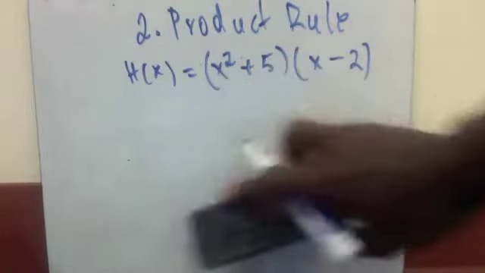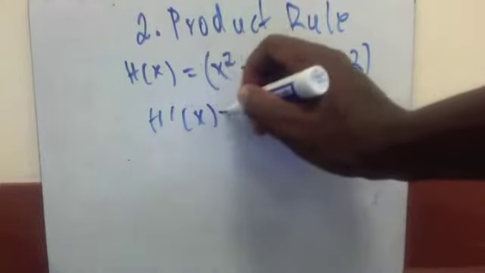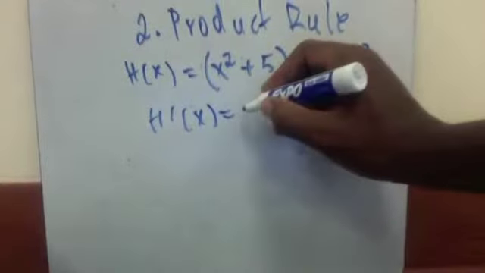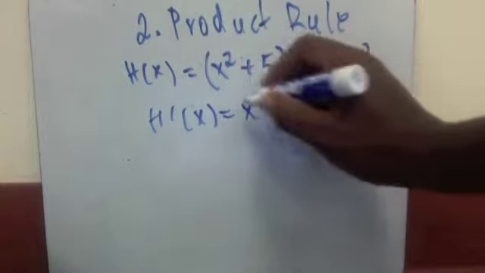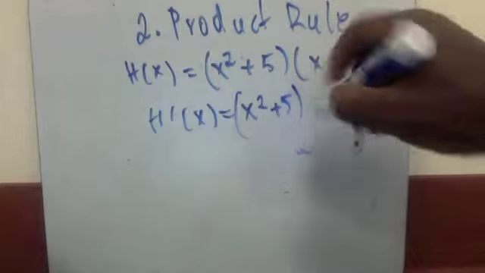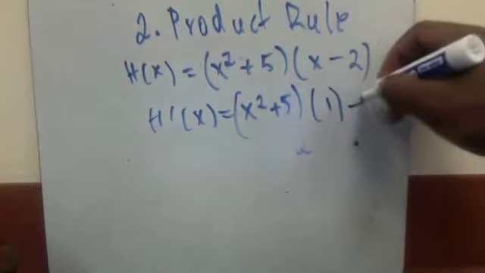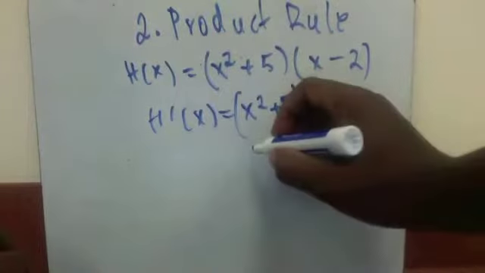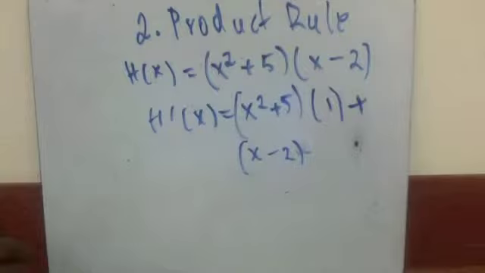So h prime of x equals x squared plus 5 times the derivative of x minus 2, and the derivative of x is 1, because when you bring down the exponent 1, you subtract the 1 and are left with a 0 as an exponent, which gives you 1, plus x minus 2 times the derivative of x squared plus 5.